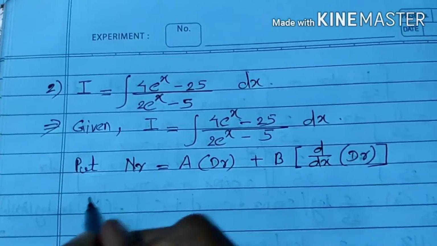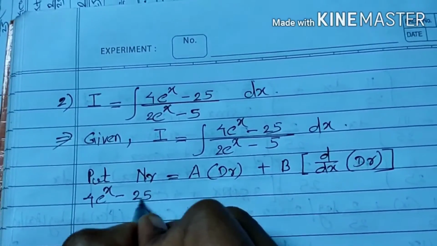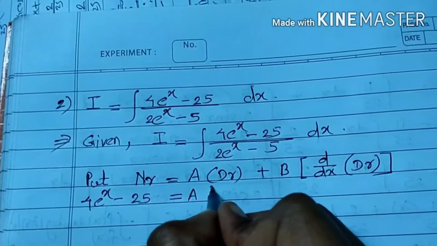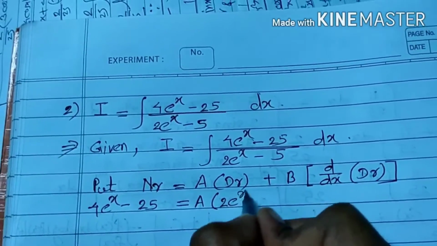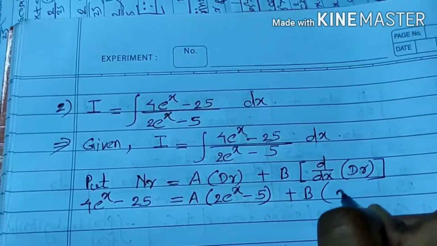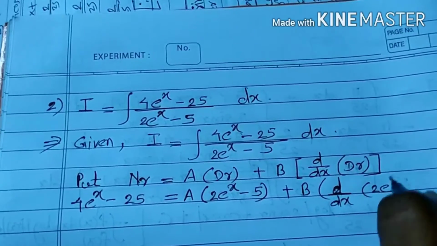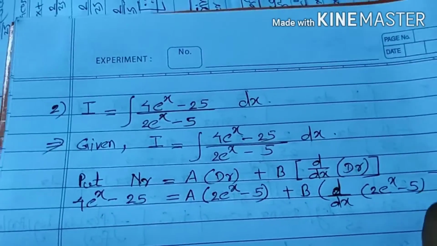Okay, so put that value. What is the numerator? 4 e raised to x minus 25 is equal to a into the denominator, which is 2 e raised to x minus 5, plus b into d by dx of (2 e raised to x minus 5).